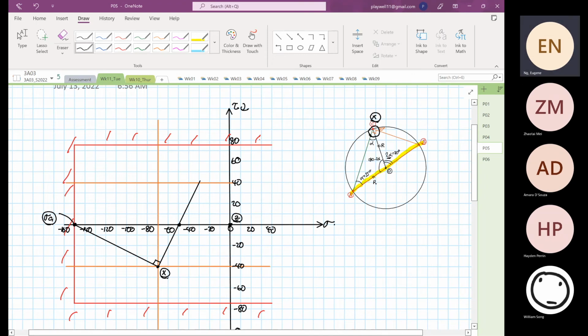I'm going to call it stress C. So we need to find stress C to find the diameter of the circle, and then we have to determine our stress average between stress A and stress C.